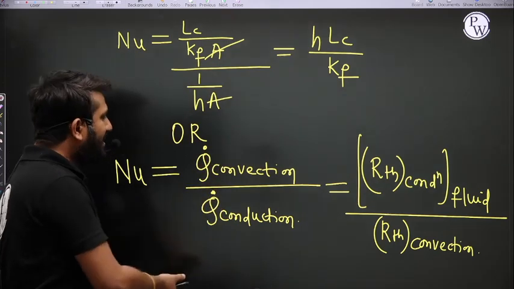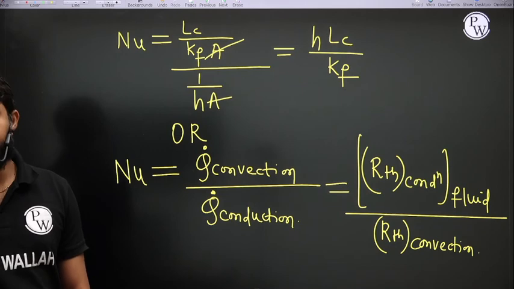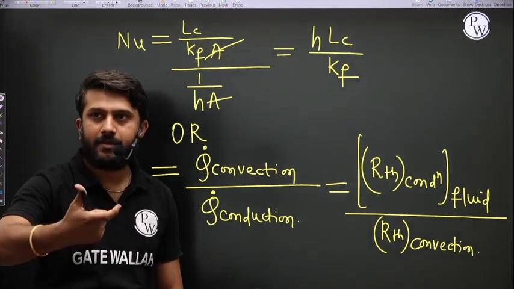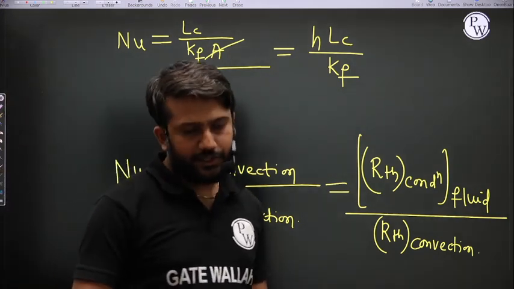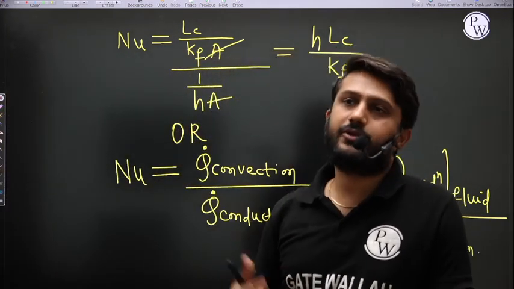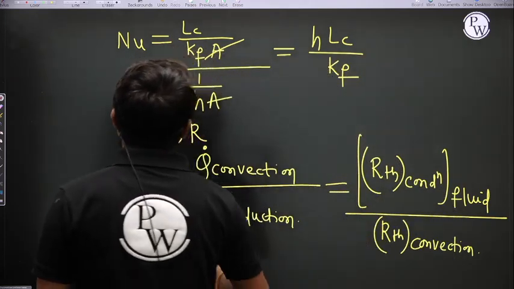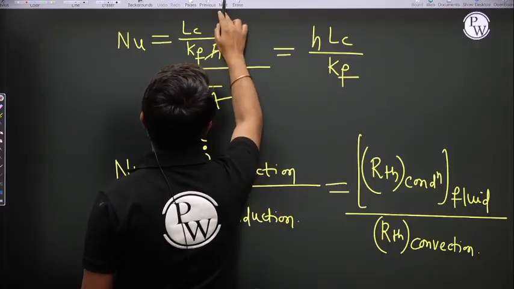The Nusselt number is the rate of convection heat transfer to the rate of conduction heat transfer to the fluid, or the ratio of the thermal resistance offered by the fluid to the convection resistance. So this is the first dimensionless number used in convection heat transfer.